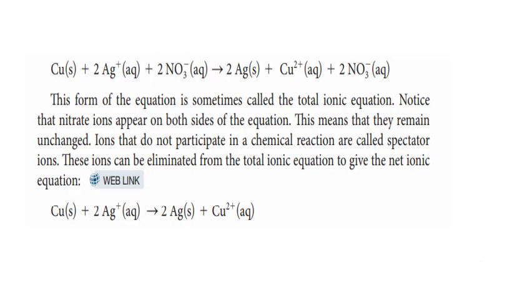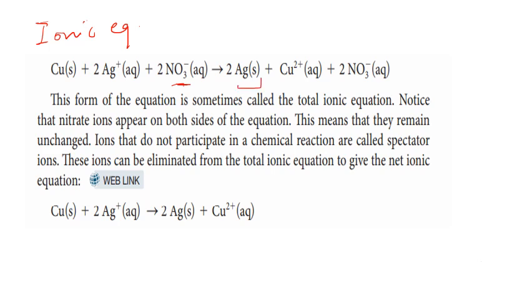So here's our equation in the ionic form. This is called the ionic equation. Solids stay as they are; you can't break them down into ions. AgNO3 will dissociate in the solution, so you can write Ag plus and NO3 minus.